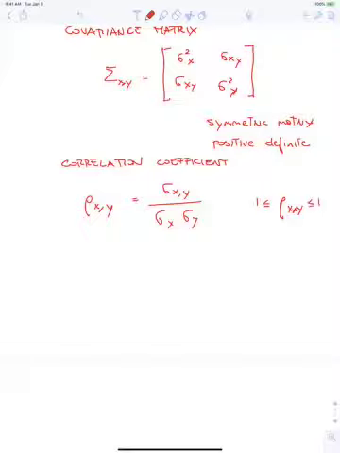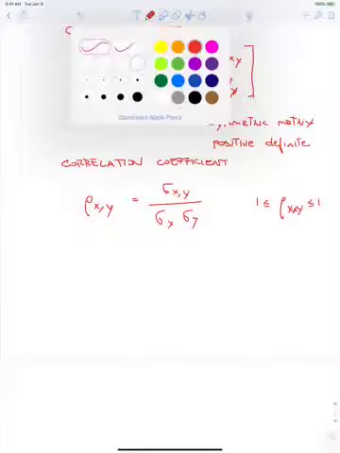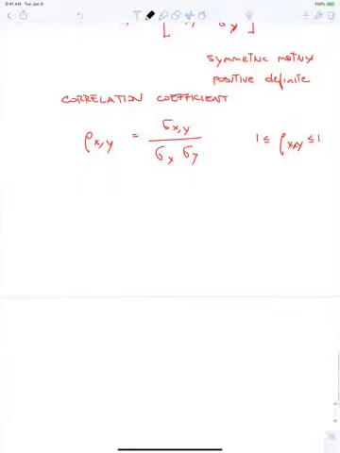You can actually prove it. I'm not going to do it, but if you are a little bit of a statistical or mathematical geek, you might want to know the reason. The covariance of x and y is less than or equal to the square root of the variance of x times the variance of y.